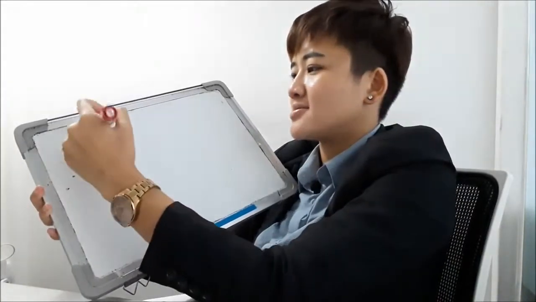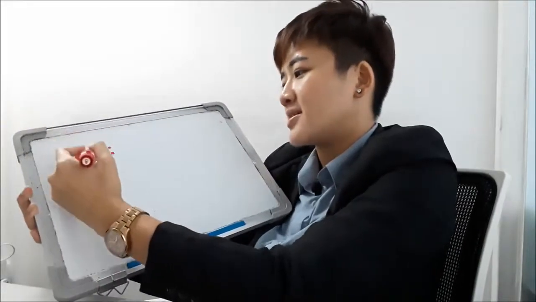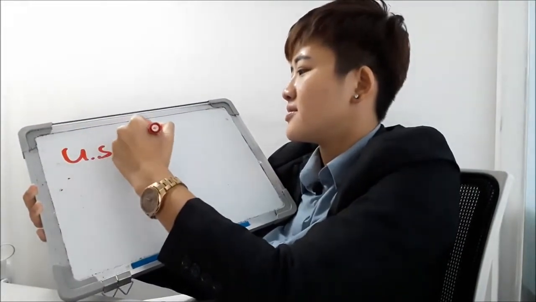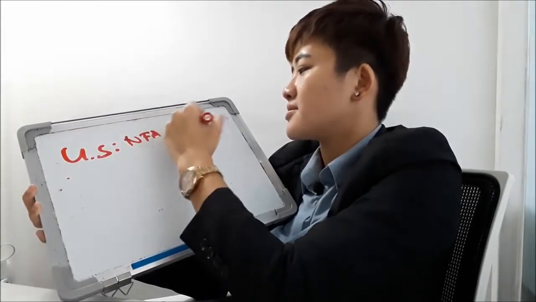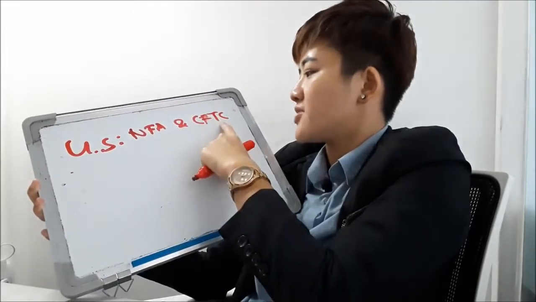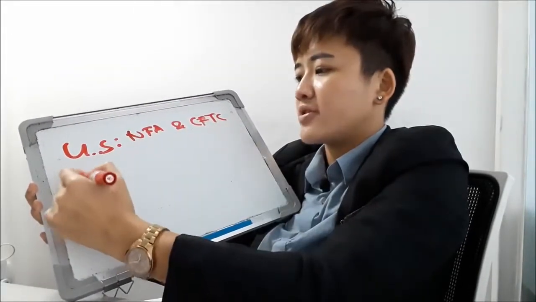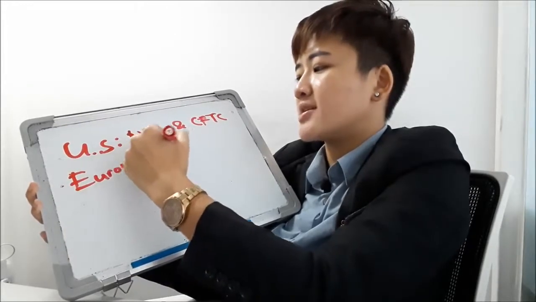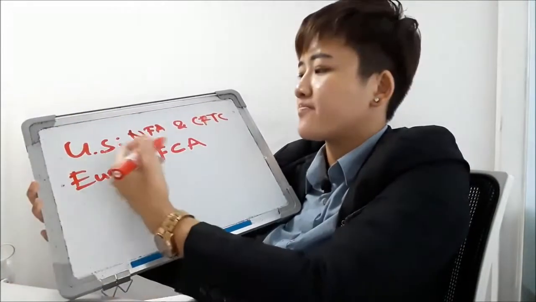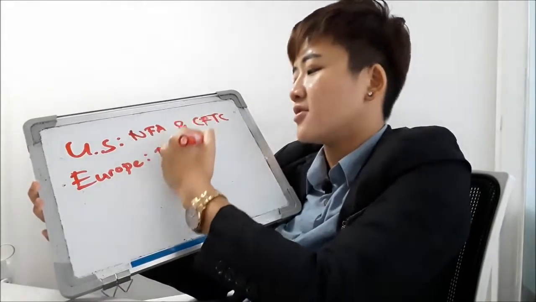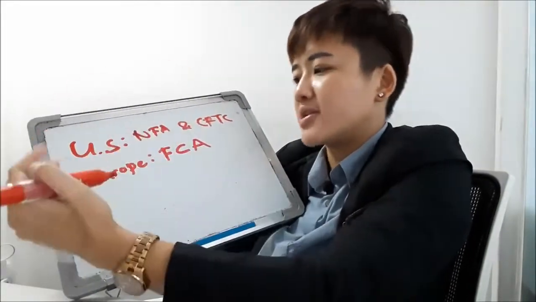For the US, the regulatory body is NFA and CFTC, Commodity Futures Trading Commission. If you're in Europe, then you need to make sure it is regulated by FCA, Financial Conduct Authority. So these two I would say are really reliable.